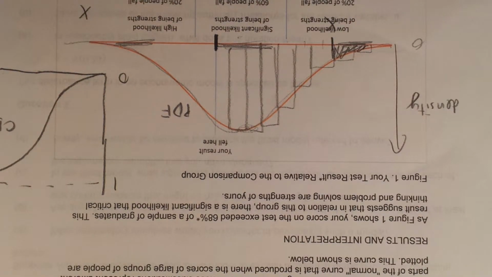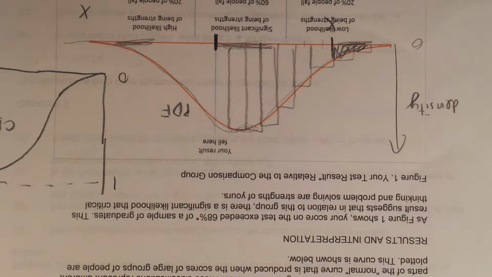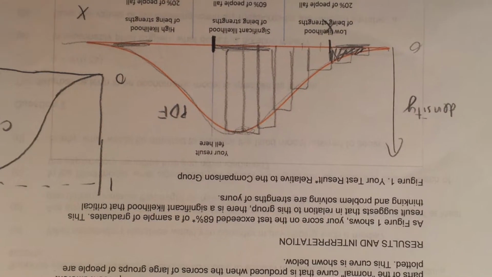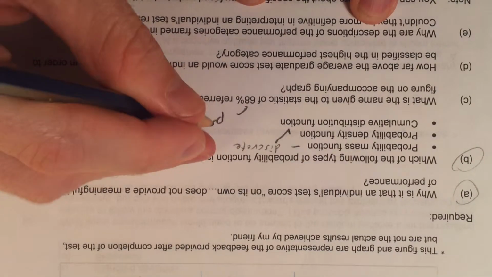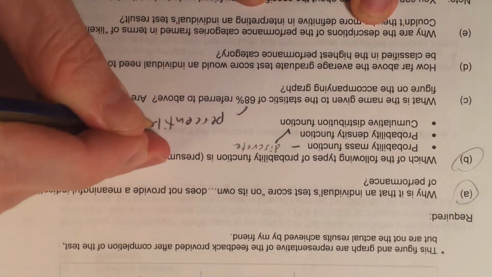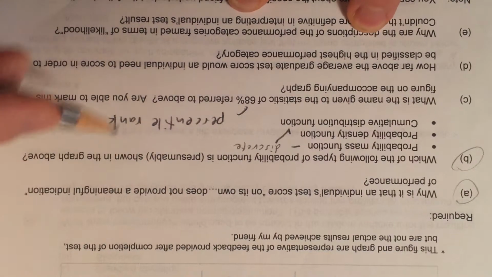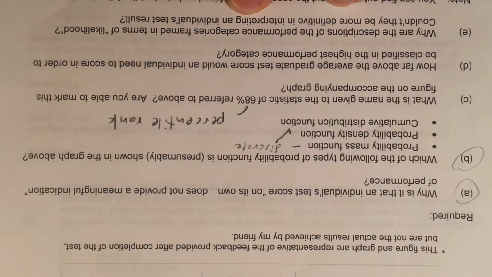The 68% figure is your percentile rank. It's saying that you scored greater than or the same as 68% of all other graduates.